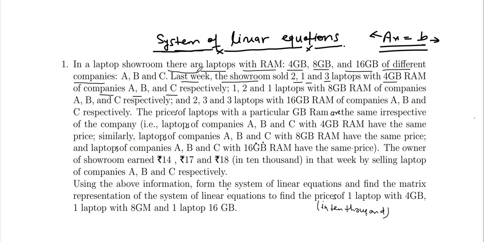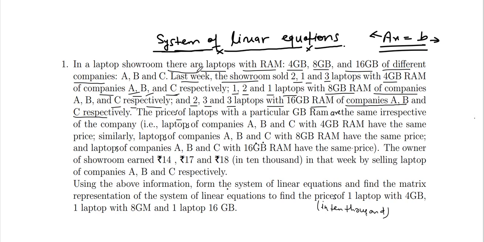That means the showroom sold 2 laptops of company A, 1 laptop of company B, and 3 laptops of company C. All are 4 GB RAM only. Similarly, he sold 1, 2, and 1 laptops with 8 GB RAM of companies A, B, and C respectively. Next, he sold 3 laptops with 16 GB RAM of companies A, B, and C respectively.